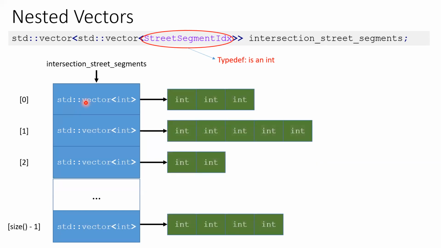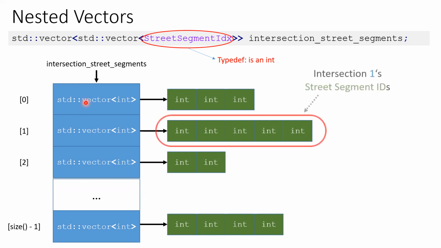So it will look like a dynamic 2D array of integers, each containing street segment indices. Okay, does this make sense?